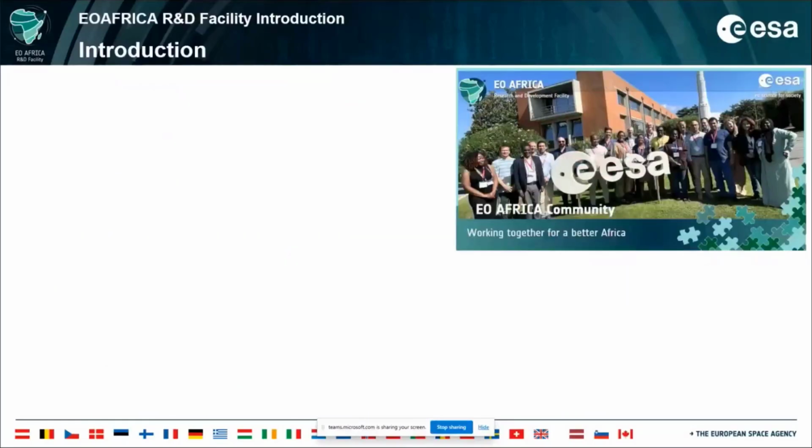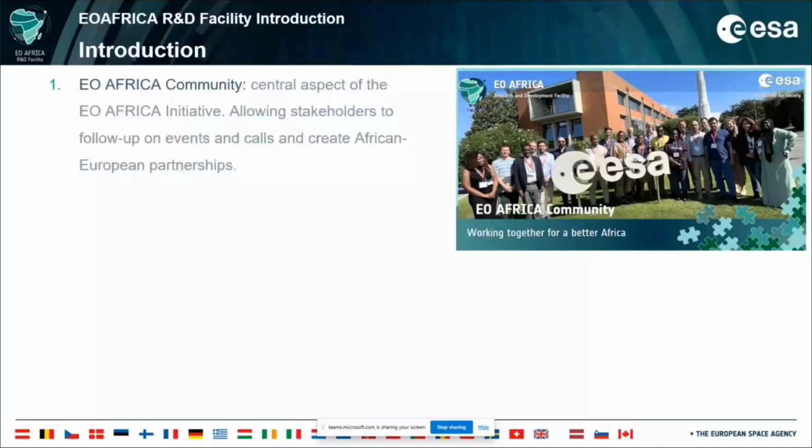There are 4 main pillars on which the EU Africa R&D facility stands. The first is a continuously growing EU Africa members community, with participants of our activities but also of the research calls, stakeholders, collaborators and institutions involved in the organization of trainings on the African continent.